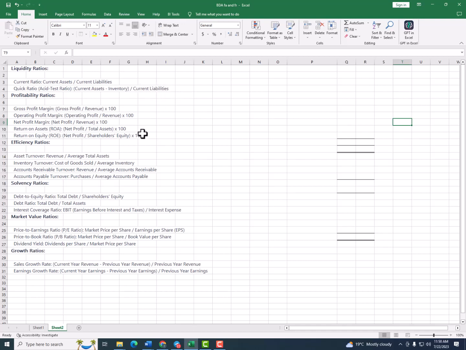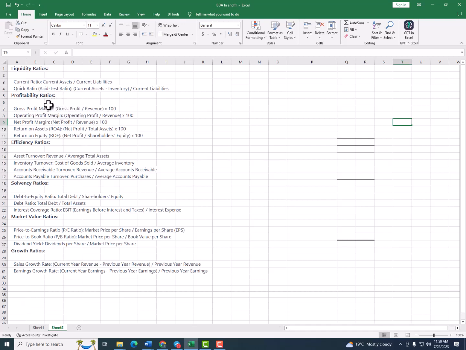You want to get a clear view of how well the company can pay its current liabilities when they fall due. Then we have a myriad of profitability ratios, such as the gross profit margin, which compares the gross profit to the revenue. You can compare two companies of different sizes by using the gross profit margin. When you use the absolute figure for profits, you might not get the full picture, because a company might be so big and have millions in profits, but when compared to the revenues generated, it is very meager.